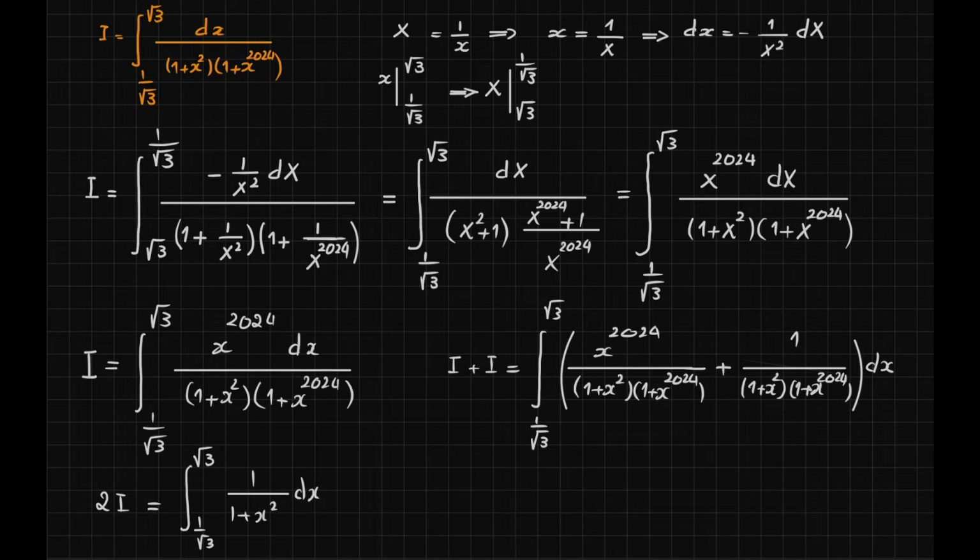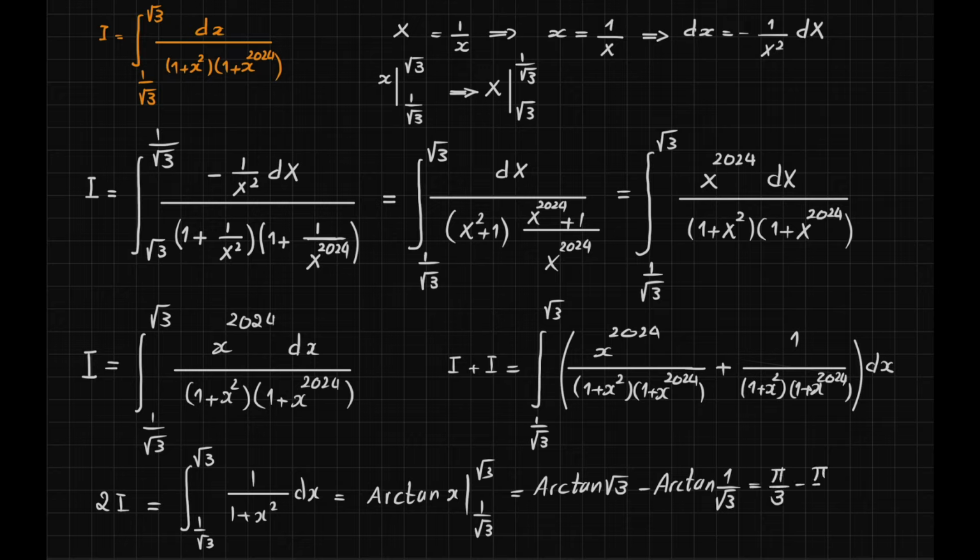That is also very famous, because this becomes arctangent of x from 1 over square root of 3 to square root of 3. So it becomes arctangent of square root of 3 minus arctangent of 1 over square root of 3. Arctangent of square root of 3 is pi over 3, the other one is pi over 6.